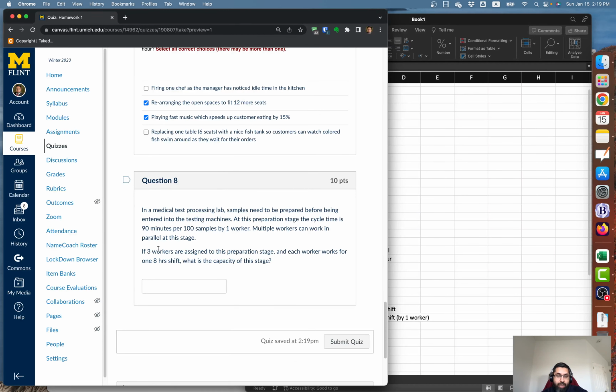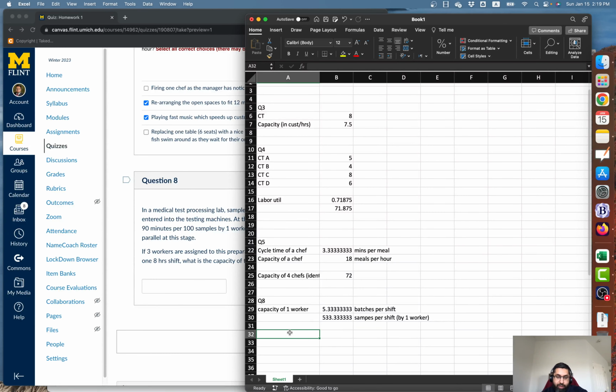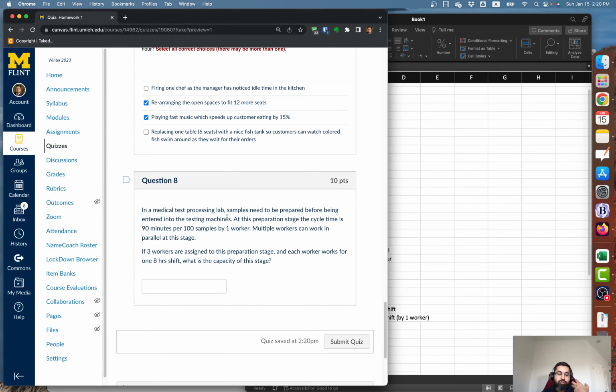Now, what is the capacity of this preparation stage? Well, we don't have one worker, we have 3 workers. So the capacity of the entire stage will just be the capacity of one worker times 3, because we're assuming workers are identical. The question does not give me any data to assume that the workers work at different speeds.